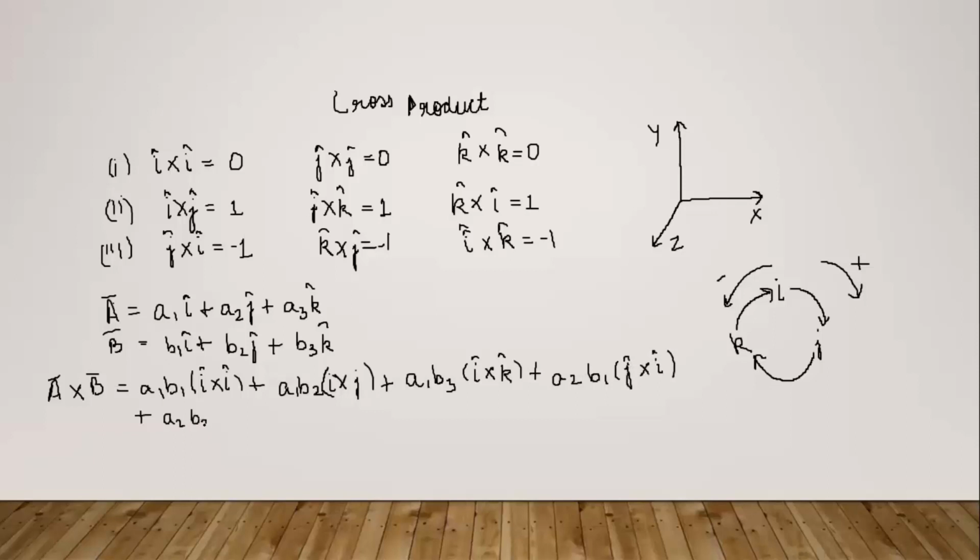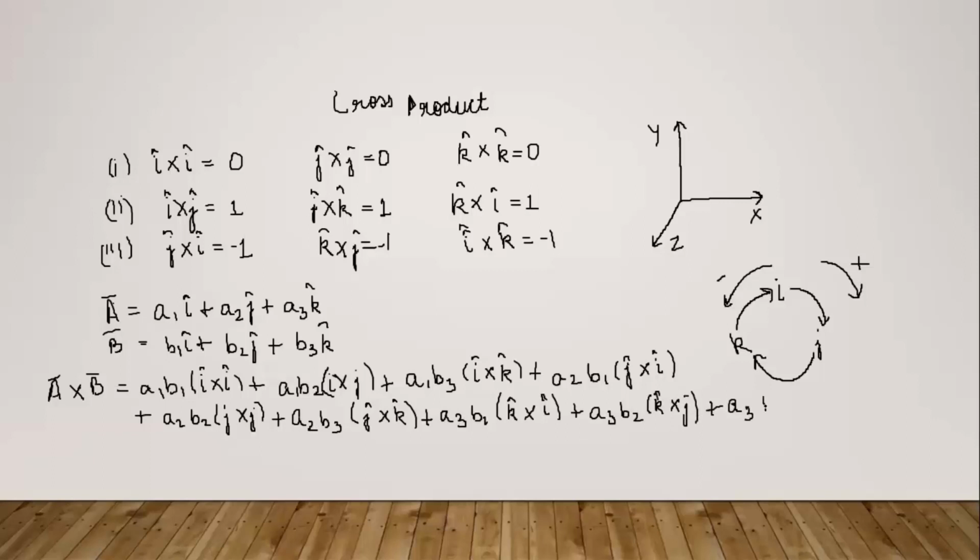Then A2, B2, j cross j. Then A2, B3, j cross k. Then we come to A3. We take A3, B1, so k cross i. Then A3, B2, k cross j, and the last term, A3, B3, is simply k cross k.